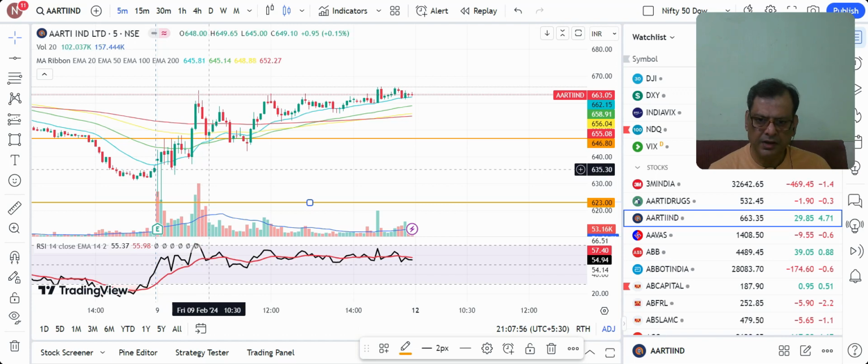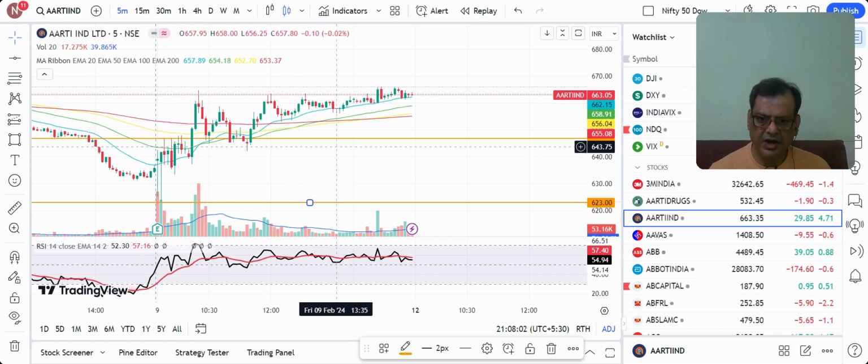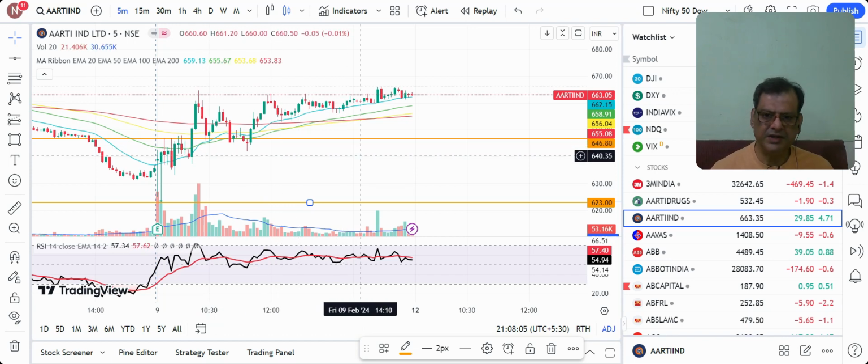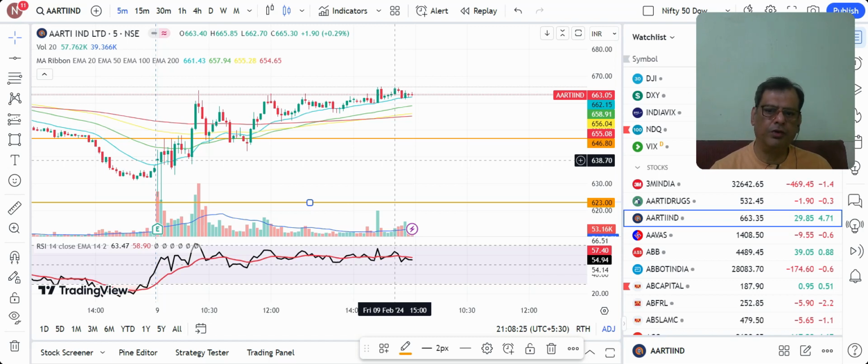You just wait for the market to do whatever it does till 3:15 p.m. Up to that time you will let the market do whatever the market does. Either it hits your stop loss or it goes up and up and up or it's range bound or it comes back here. Do nothing. This is the second strategy. This strategy will allow you to lock in maximum profits and let the market play out.